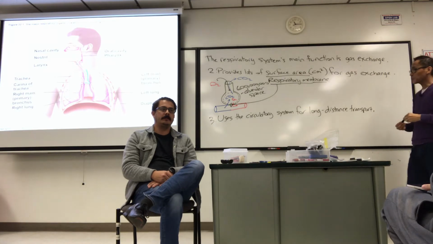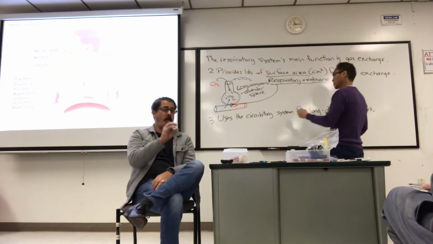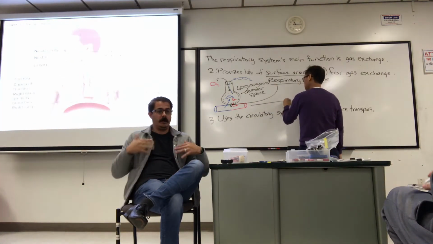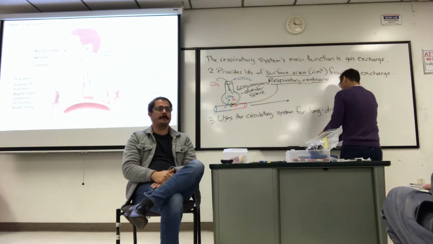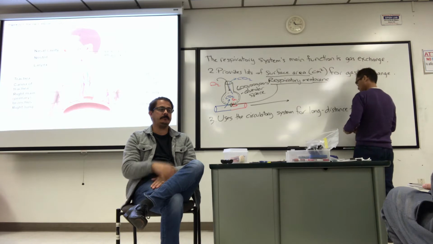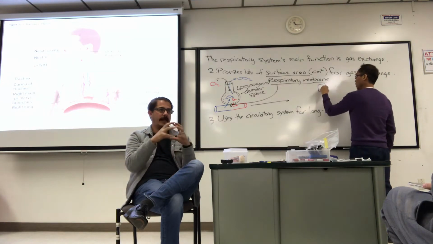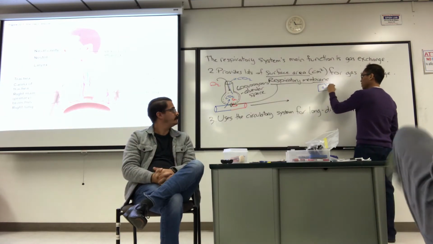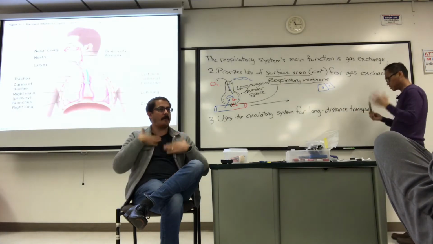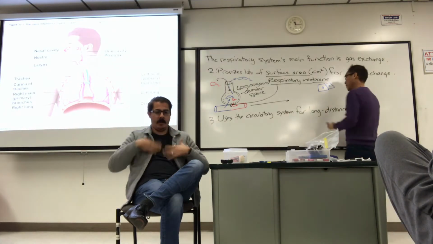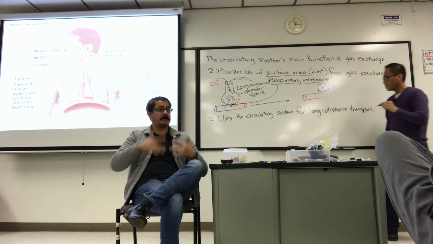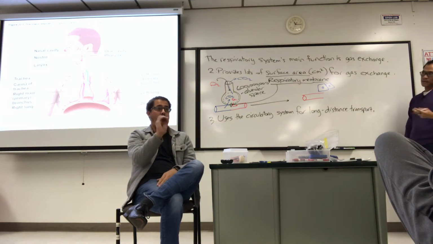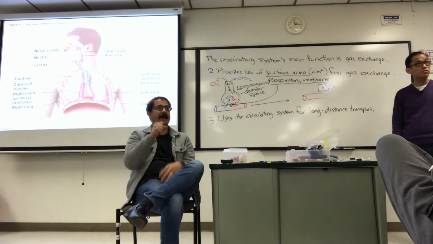That oxygen-rich blood is going to travel to the peripheral tissues. Let me draw a generic cell of your body's tissues somewhere. Blood's coming in, and the systemic circulation will deliver the oxygen-rich blood. Gases are just flowing down their concentration gradient.